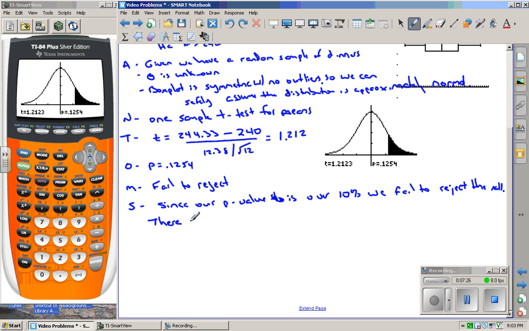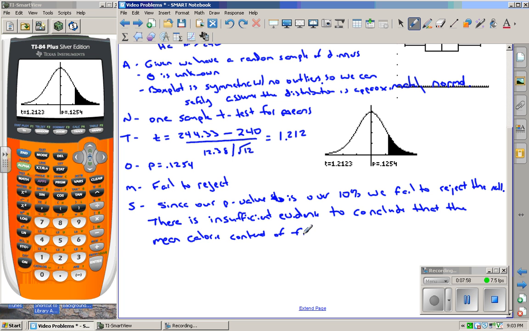There is insufficient evidence to conclude that a mean calorie content of frozen dinners is over 240 calories.